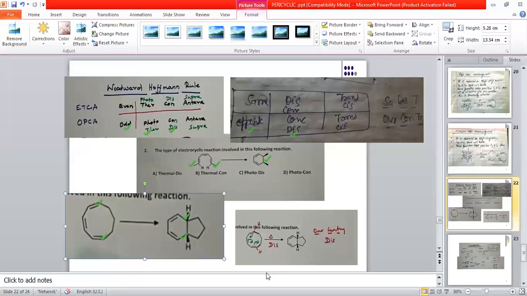Now here, how will we observe whether there is con rotation or dis rotation? Firstly we see the hydrogens: here there is hydrogen and here also hydrogen. These hydrogens are found in opposite side directions.